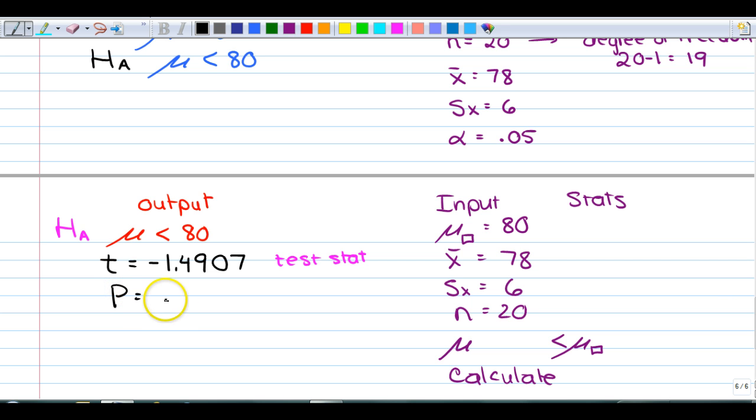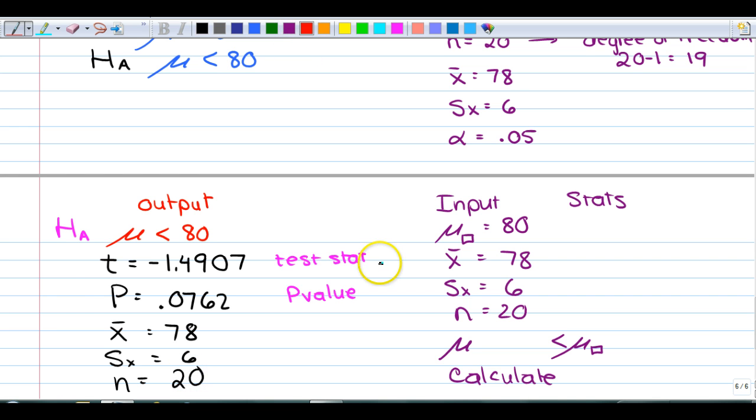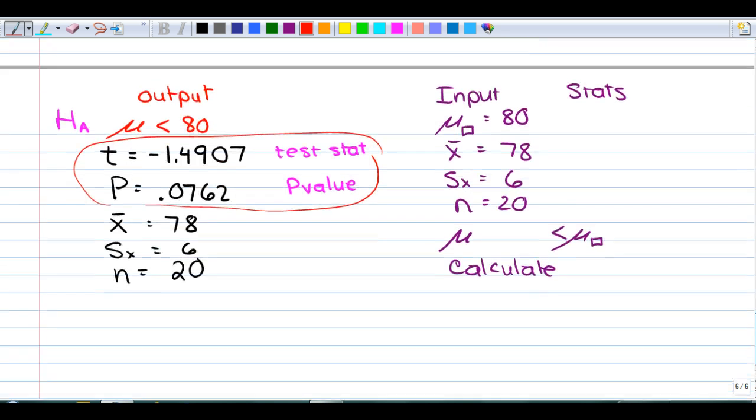The p-value, p is 0.0762, etc. And we just have to know that p is the p-value, because we got a lot of p's in this class. And then they go on to tell me X bar is 78, SX is 6, N is 20. Well, I know that. I put that stuff in myself. So these are the two pieces of information the calculator is calculating for me.